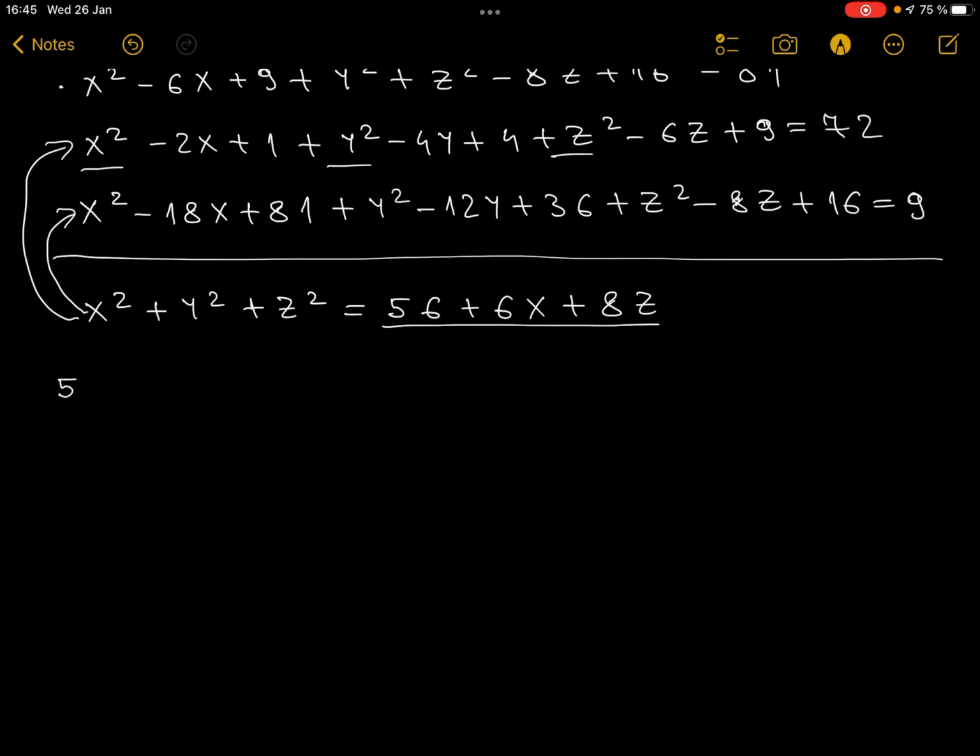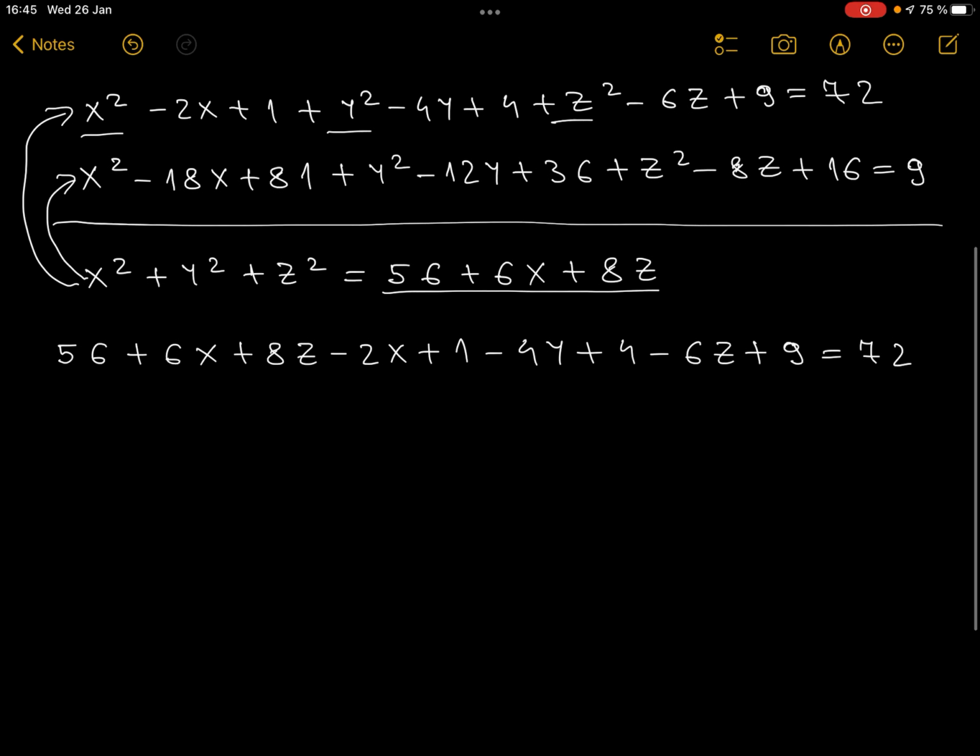So 56 plus 6x plus 8z minus 2x plus 1 minus 4y plus 4 minus 6z plus 9 is equal to 72.